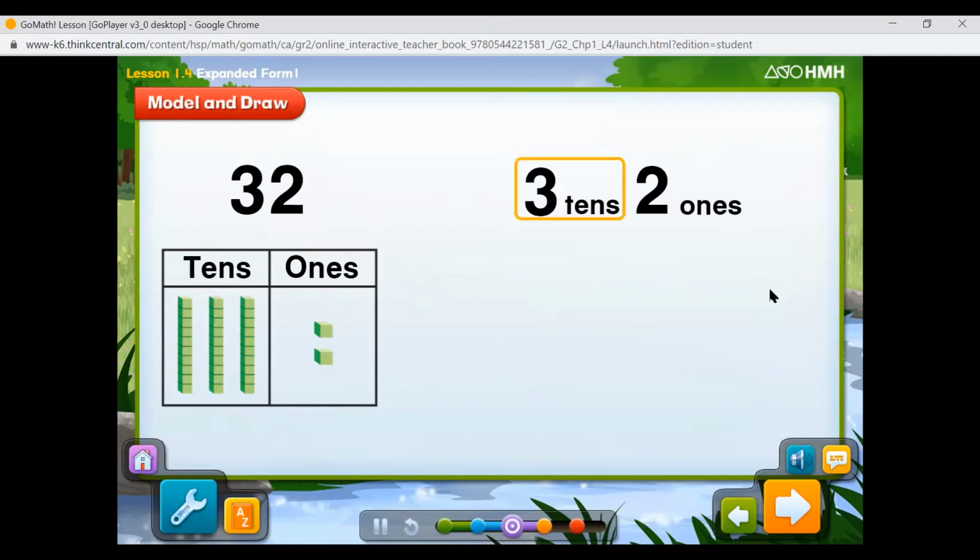How can you write the value of 3 tens? It can be written as 30. 2 ones can be written as 2. You can add the values of the tens and ones digits to show a number. 30 plus 2 means the same thing as 32. 32 is made up of 3 tens and 2 ones, which can also be written as 30 plus 2.